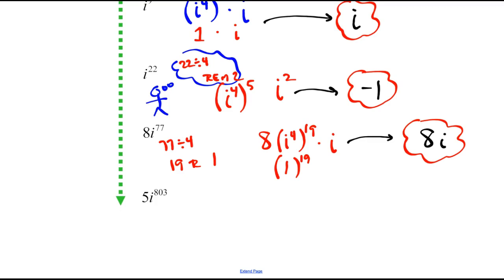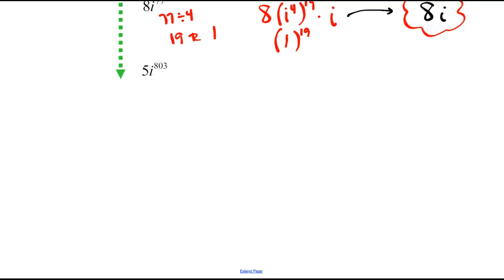Makes sense, hopefully. This next one's kind of a super duper big one, kind of silly. i to the 803rd. Okay, how many 4's go into 800? 200 with the remainder of 3. 803 divided by 4 is basically what I'm doing.